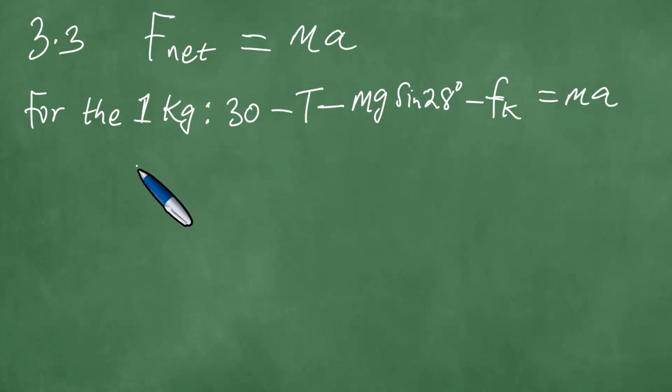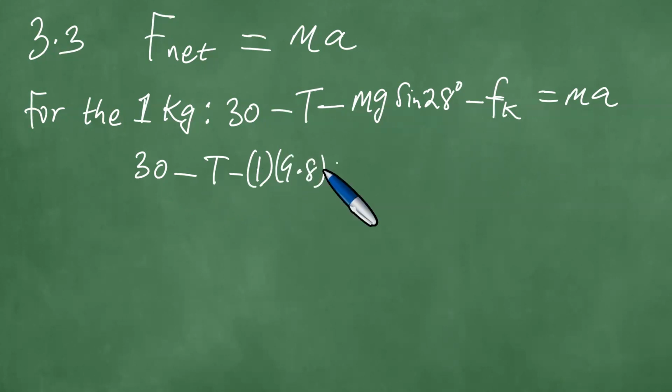Now this is 30 minus the tension minus the mass of the 1 kilogram block, which is 1 kilogram, times 9.8 gravitational acceleration times the sine of 28 degrees, minus the friction.